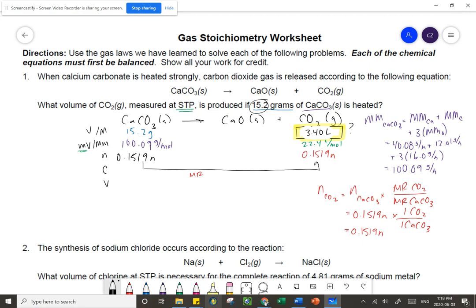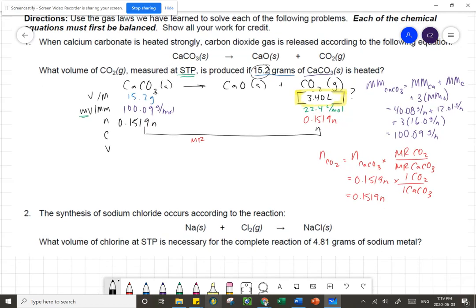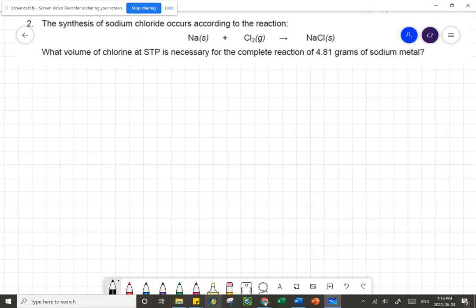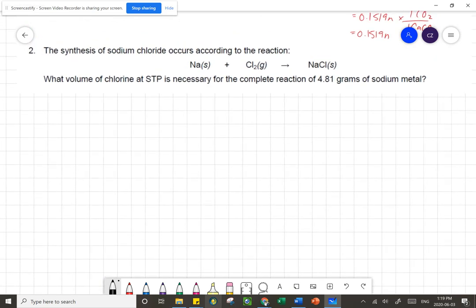So that means 3.40 liters of carbon dioxide gas is going to be produced at STP if 15.2 grams of CaCO3 is heated. Okay. So same as what we've been doing before, just a little bit different because we now have gases.